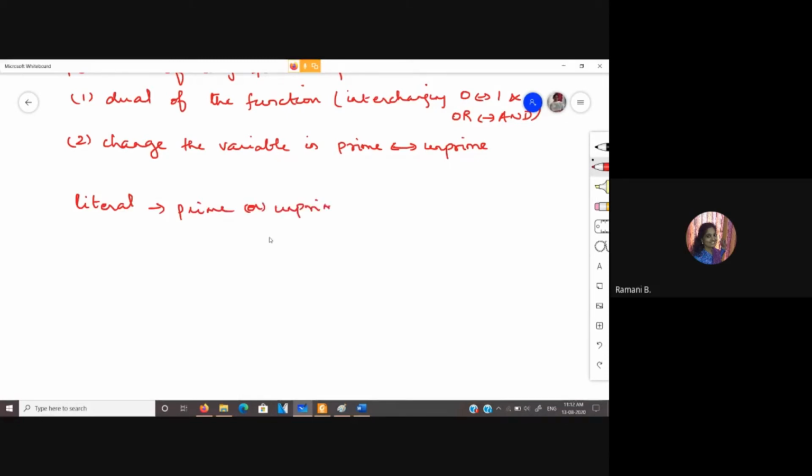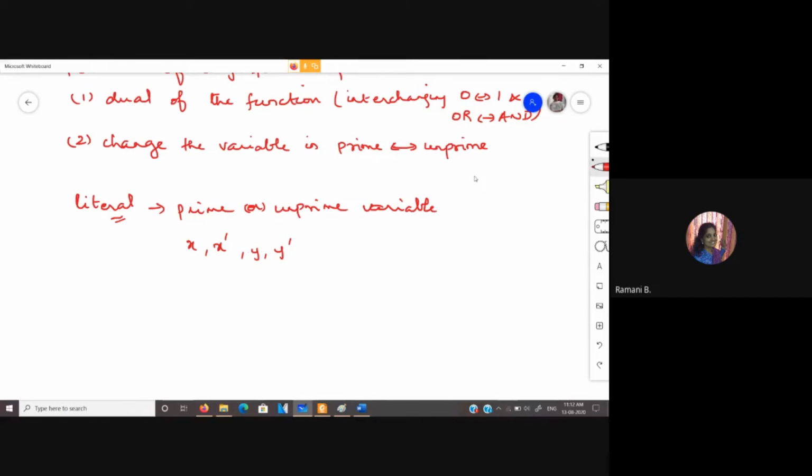So x is a literal, x bar is a literal, y is a literal, y bar is a literal. You might come across this term actually. Minimize the Boolean expression to minimum number of literals, like that they will be giving. For that purpose, I just wanted to say that.